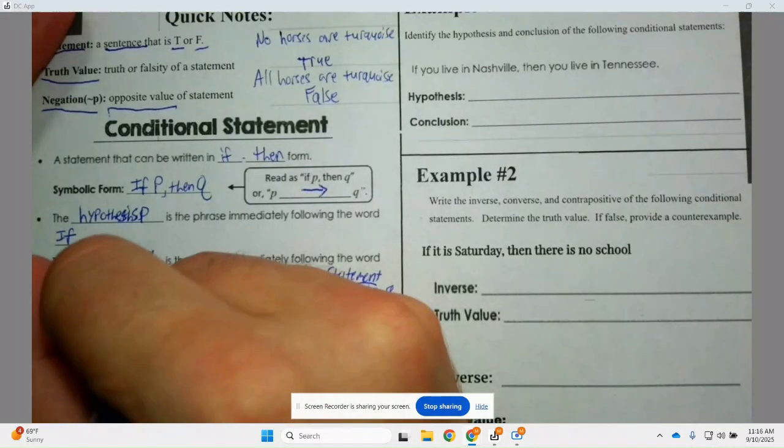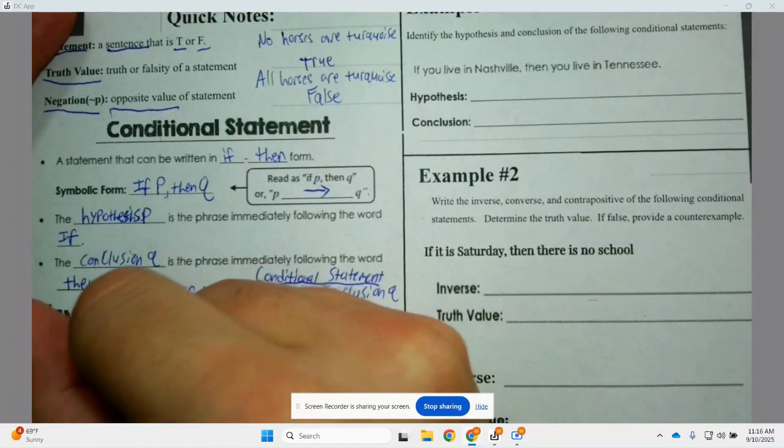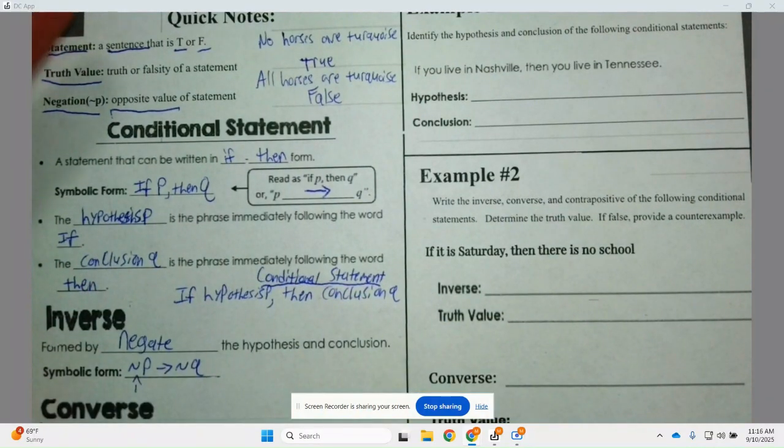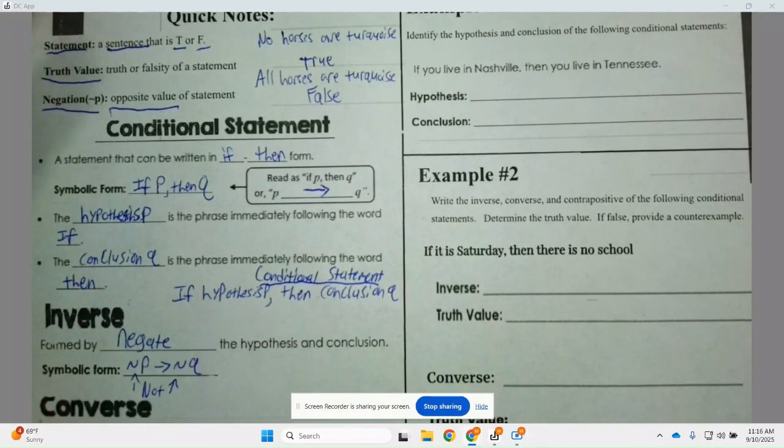Or in other words, not P goes to not Q. You notice I use this little squiggle right here? That's called not. Not P implies not Q. Or if hypothesis P isn't right, then conclusion Q isn't right, or not Q. That's called an inverse. So that's the first thing we can do, is negate our hypothesis and our conclusion.